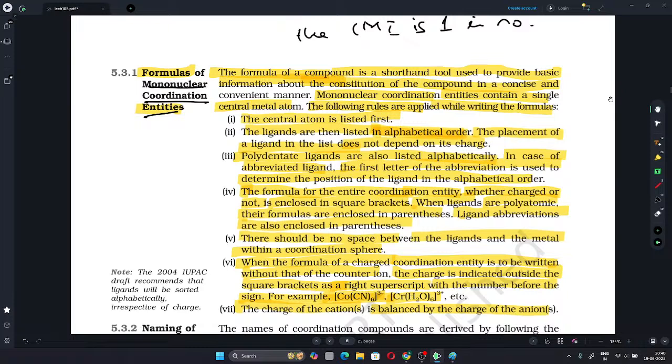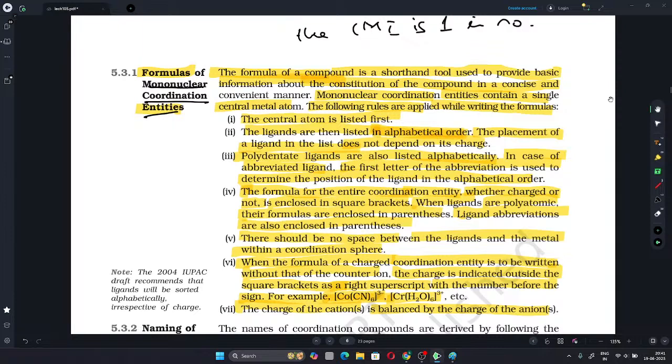The following rules are applied while writing the formulas. First, the central atom is listed first. Second, ligands are listed in alphabetical order. If it is an abbreviation, then the first letter of the abbreviation is considered in the alphabetical order, and this placement of the ligand does not depend on its charge.